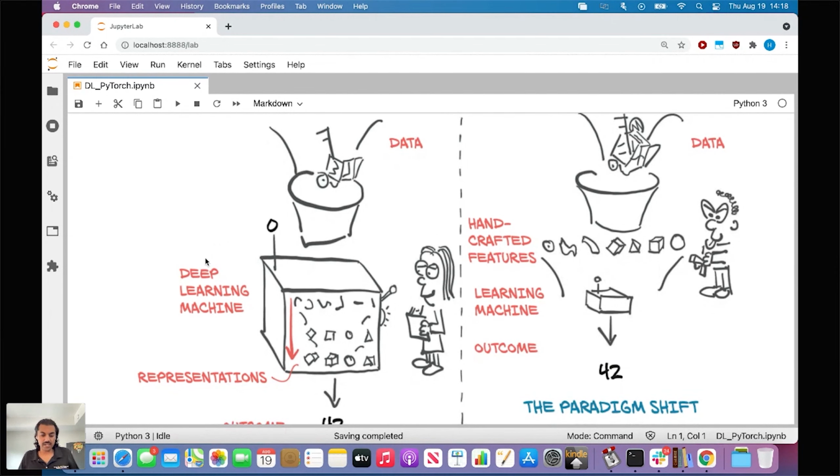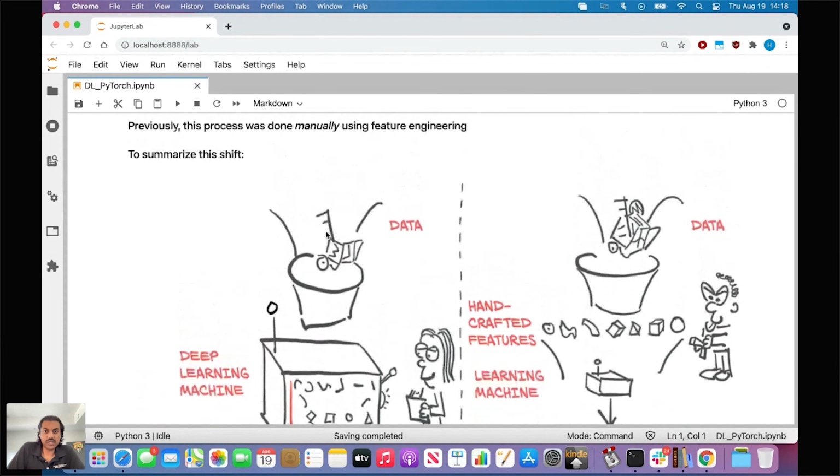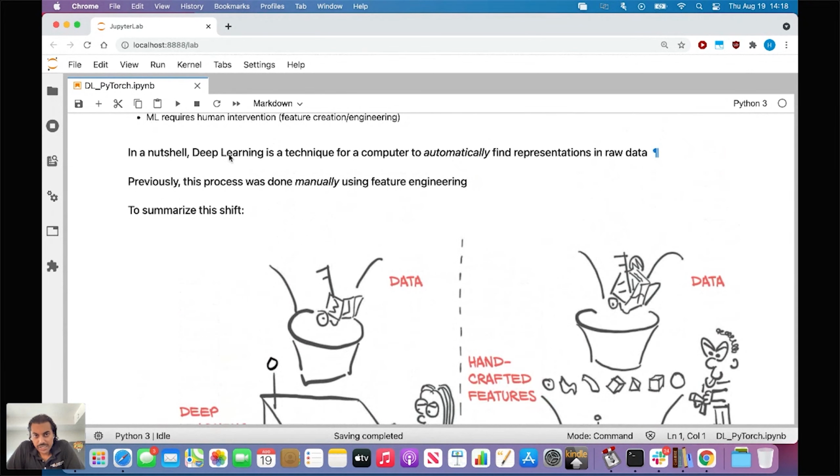And if I see that again, I'll know that that's some kind of unique or distinct identifier. That's really the big thing about deep learning. It can automatically figure those out. So again, deep learning is a technique for a computer to automatically find representations in raw data.